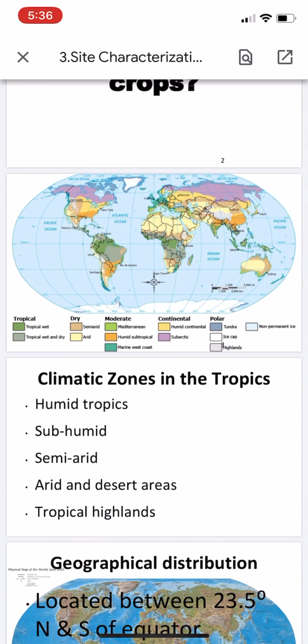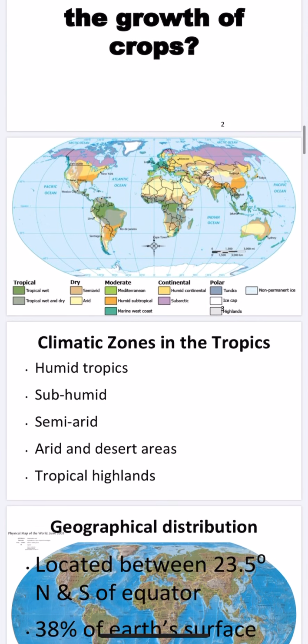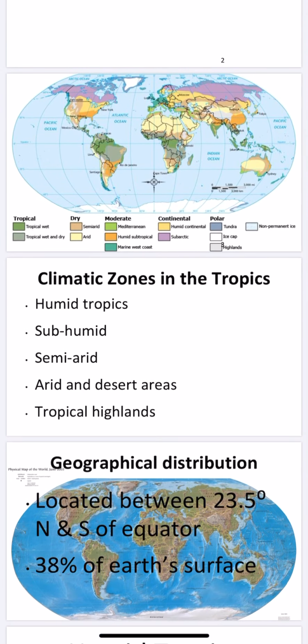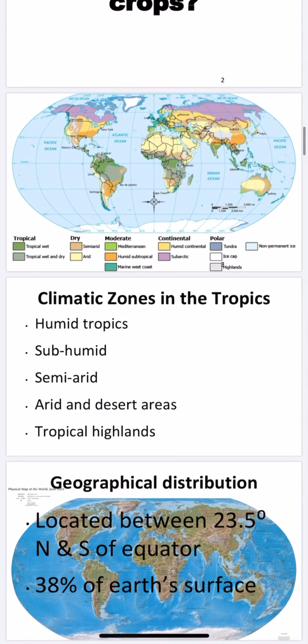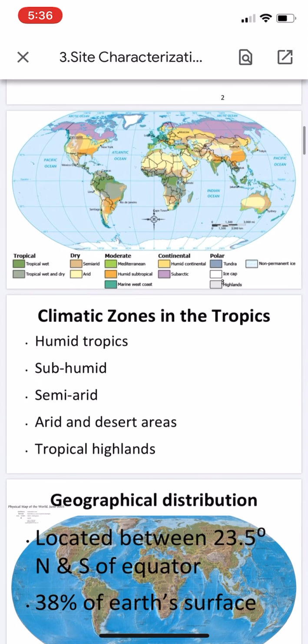Now, we also have climatic zones in the tropics known as the humid tropics, the subhumid, the semi-arid, the arid and desert areas, and tropical highlands, which are represented in the figure shown below. So as you notice, what is the importance of studying this climatic condition?